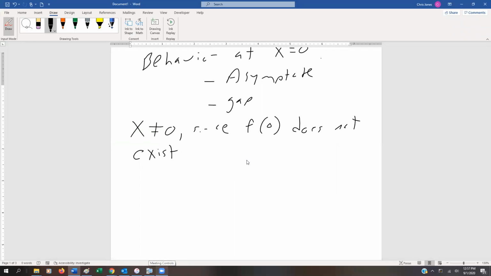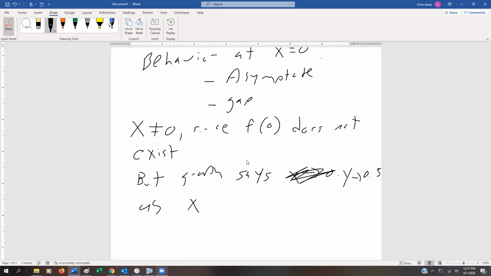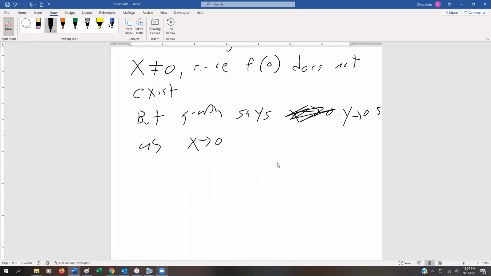So what's that idea? x can't be equal to 0, but the graph says that y is approaching 0.5 as x approaches 0. So what is that idea? Well, that's the idea of a limit.